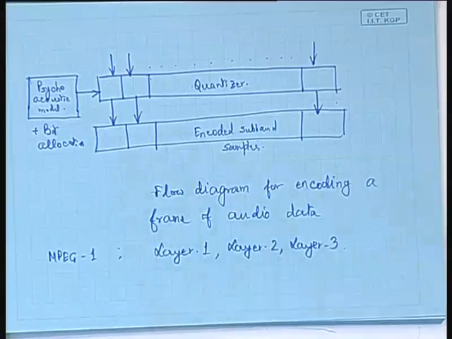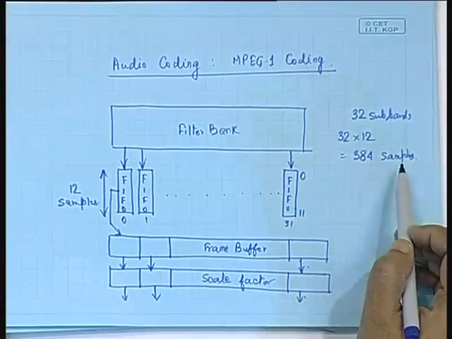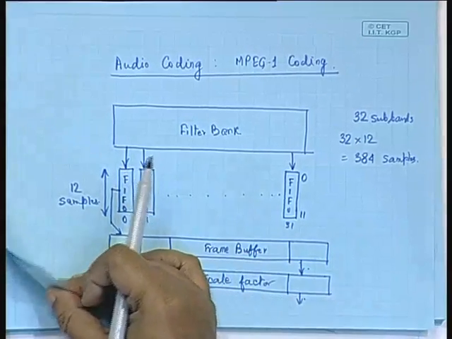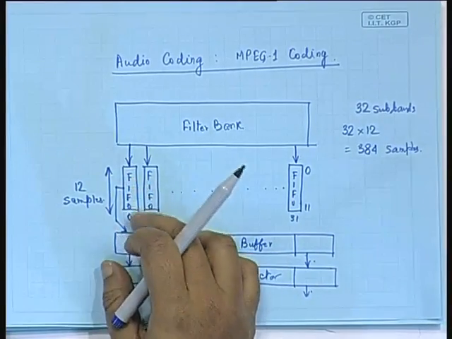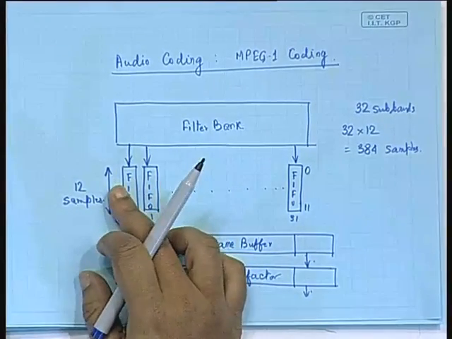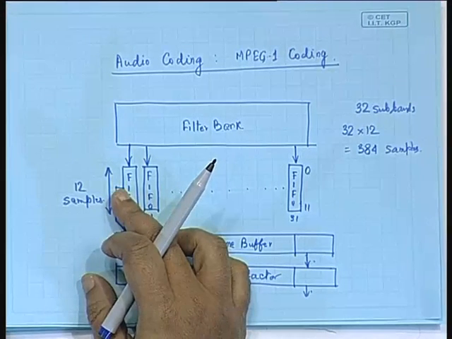Now, in layer 1 we find that a frame is composed of 384 samples, whereas in the case of layer 2 a frame is composed of 1152 samples. So, the FIFO buffer in the case of layer 1 is only 12 samples deep, and there we have 36 samples for every subband.